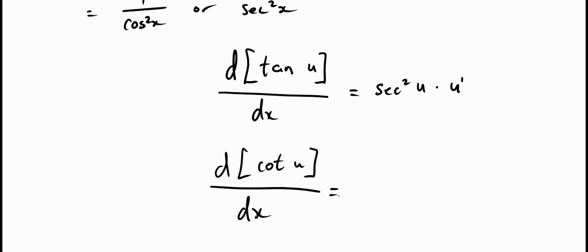Any guesses to what it might be? Yeah, cosecant squared, right? It would be the same thing because it's going to be like cos over sine, so it's going to work out. And it turns out it's negative. Cosecant squared u times derivative of u.